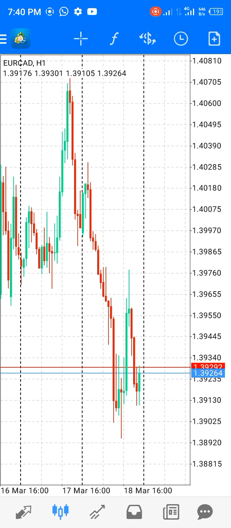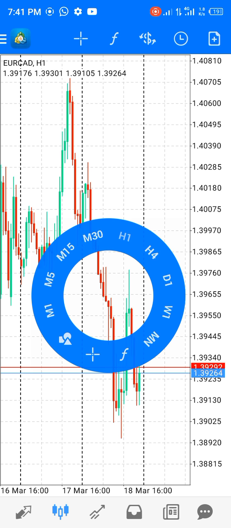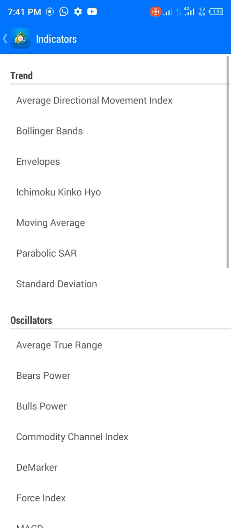We're gonna be using moving average 21, moving average 34, and moving average 50. That's what we're going to be using to trade. So we activate it and I will teach us how to use it and trade profitably in the market.